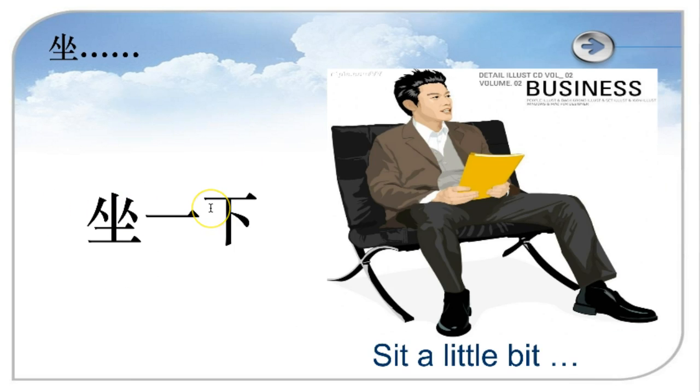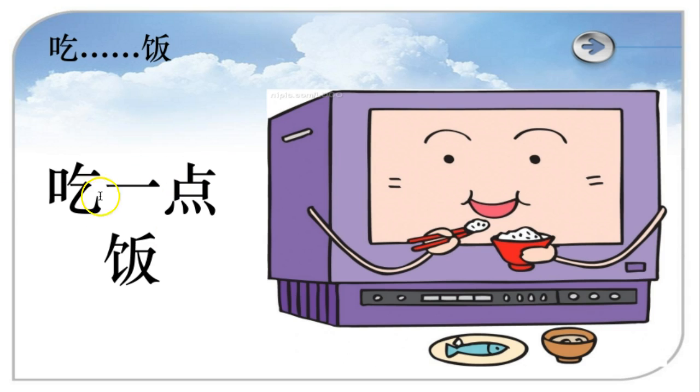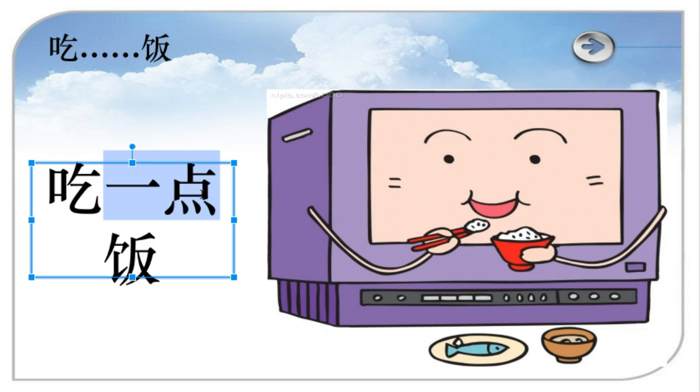做一下. And here we have the difference between 一下 and 一点儿. 一点儿 here modifies the object. You cannot say 一下 here because, or you could say 一下, but if you do say 一下, it's modifying the action, eat, like eat a little, eat a bit.